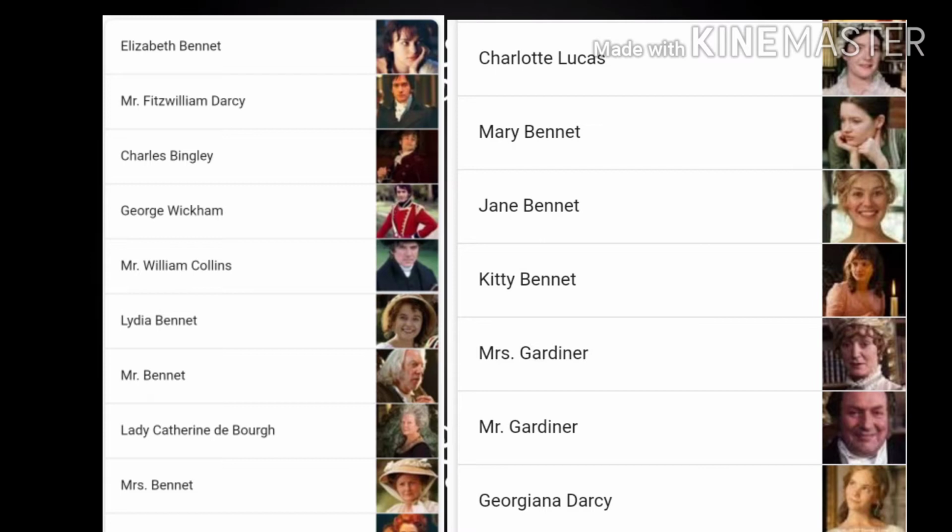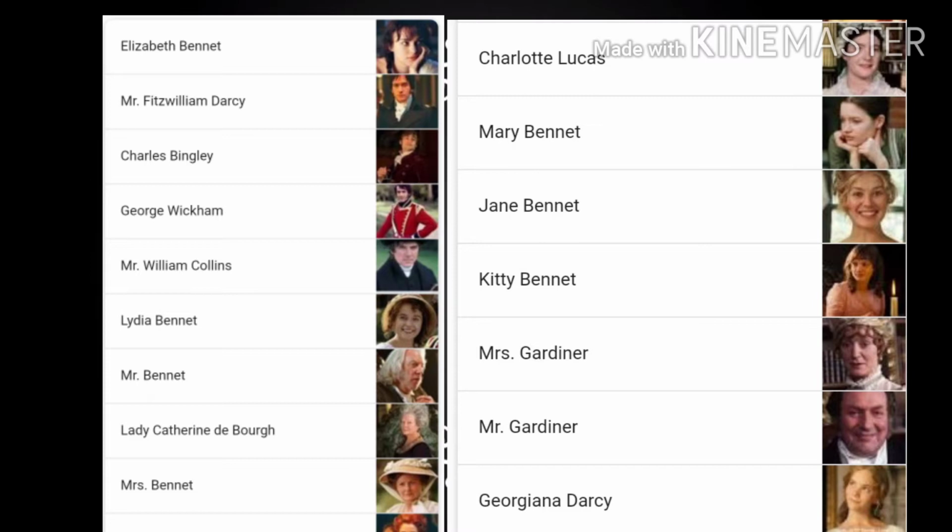The other characters are Caroline Bingley, the younger sister of Mr. Bingley, who likes Darcy; then Louisa Hurst, the elder sister of Mr. Bingley; and Lydia, Catherine and Mary, who are the sisters of Elizabeth.